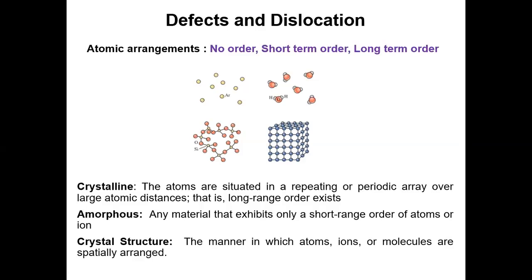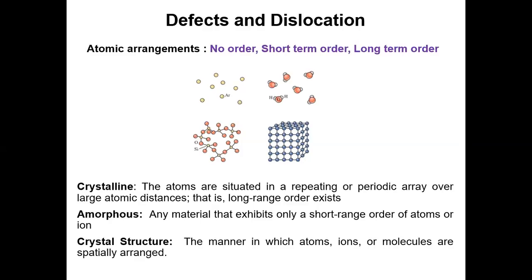So this atomic arrangement in materials we can mainly group into two types. One we call crystalline material, another we call amorphous material. Crystalline material means the atoms are situated in a repeating or periodic array over large atomic distances.